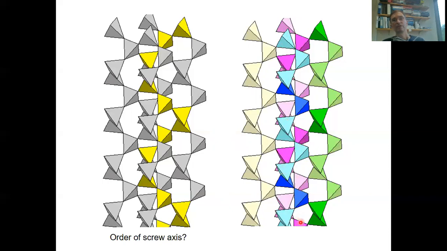But the same tetrahedra are also being produced by a 6-fold screw axis, and that is indicated by bold colors. So all tetrahedra that belong to different colors but are all in bold also belong to a 6-fold screw axis.